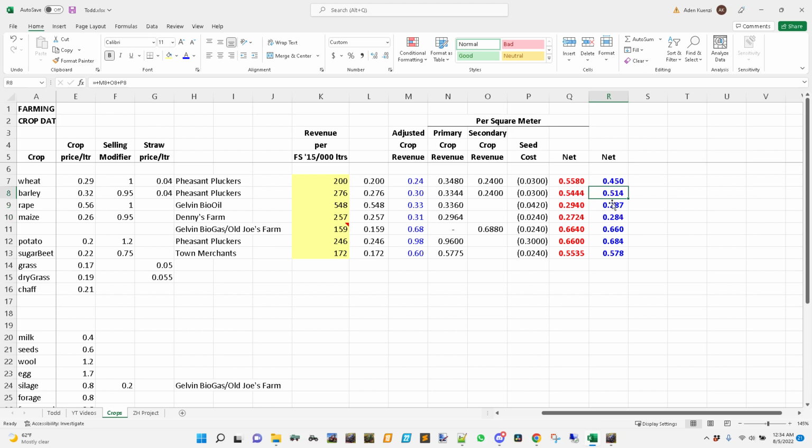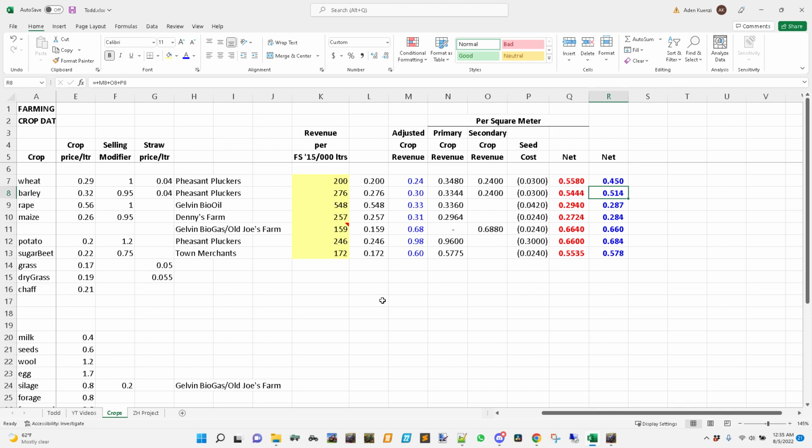And right now barley beats out wheat. So based on current pricing data, the decision we made in here to plant barley over wheat, I think hopefully is a good one. Although I see the wheat prices coming up. So I don't know, maybe it's boring to go over some numbers like these, but I wish now that I would have looked at all this before I started on Gelvin Valley.